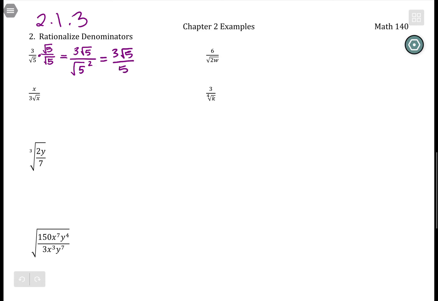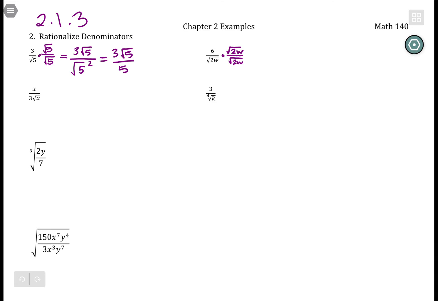So just like that, we want to tackle things like 6 over the square root of 2w. If I don't want a square root in the denominator, I need to figure out how to get it to be squared. Squaring's a nice easy one because to get something to be squared, you just multiply it by itself. If we don't want to change the value of the fraction, whatever we do to the bottom, we have to do to the top.